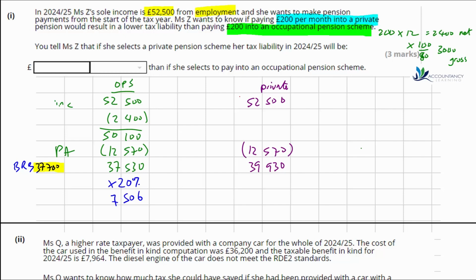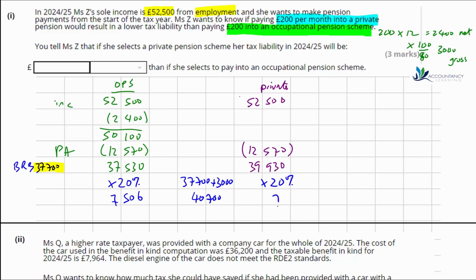So our basic rate band now changes. So our basic rate band goes from 37,700, and then we increase it by that 3,000. So our basic rate band now becomes 40,700. So that tells us then that our income of 39,930 is still within the new expanded basic rate band, so we will still pay tax at 20%.